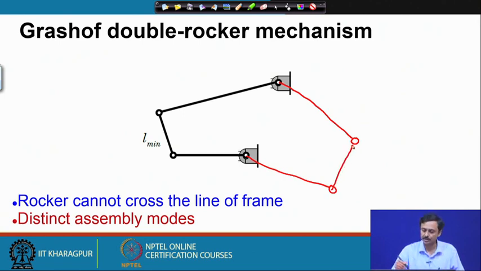So, this is a mirror image about the line of frame. So, I can assemble either as in the black configuration or in the red configuration. It cannot go from the black configuration to the red configuration. So, there are distinct assembly modes.